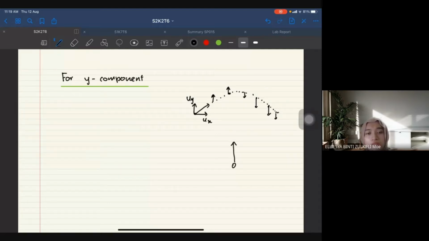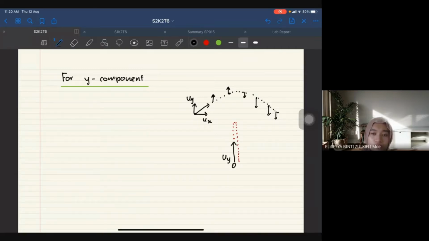Let's say you have an object thrown straight upwards like this, katakan kamu baling a stone upwards kan, eventually dia akan reach a maximum point and then dia akan drops.